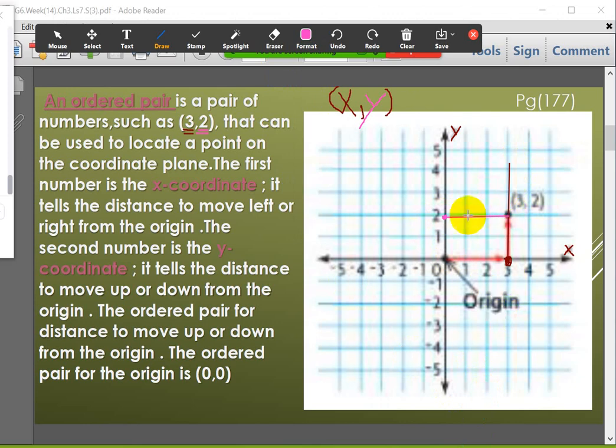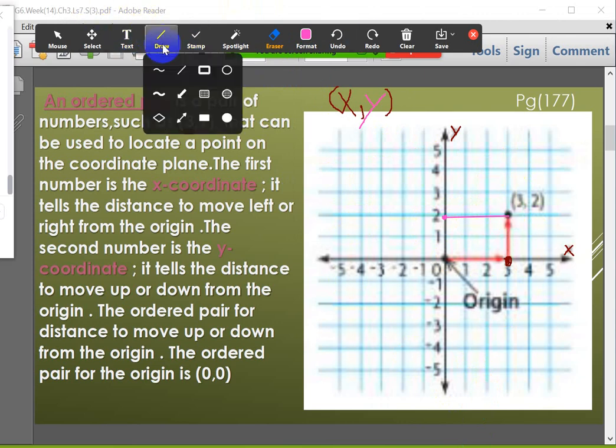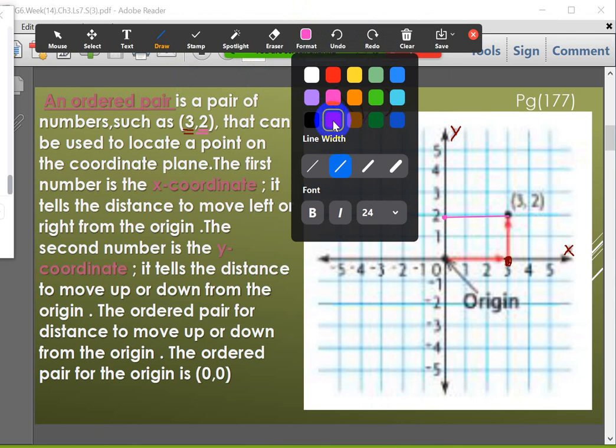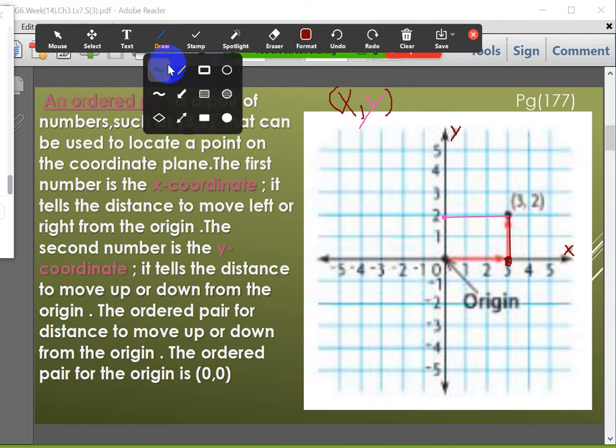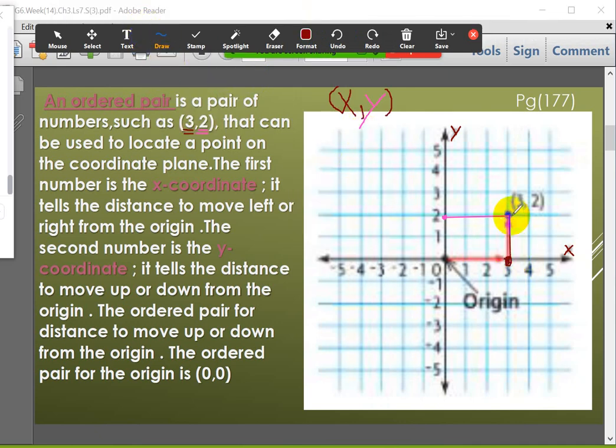So look, the lines intersect, or cross, at this point. That means this is the point (3, 2). This is the point (3, 2).